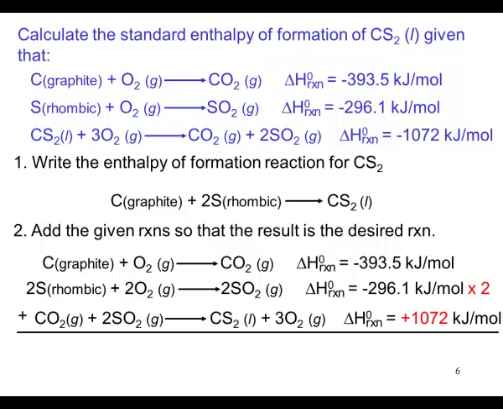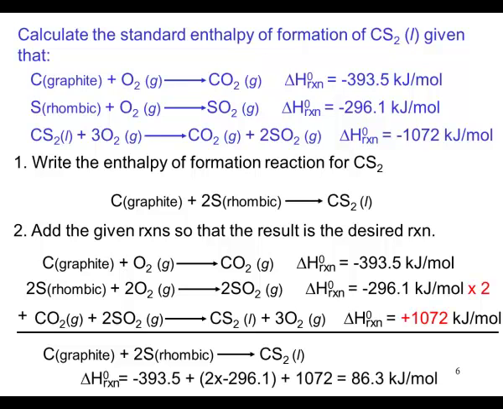If we add all of these reactions, we get the reaction that we want, and we do the same thing to the heats of reaction as we did to the equations. The heat of reaction then is 86.3 kilojoules per mole.